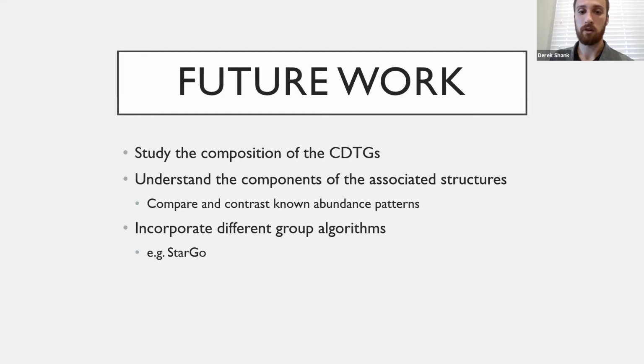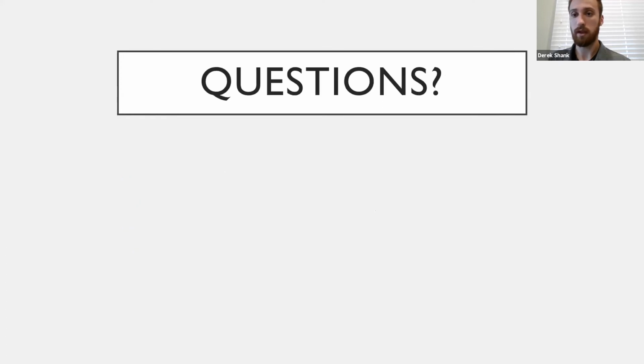And then we can also get the components and compare them with the substructure as well. So how the different energies and actions compare and stuff like that. And then we can also try different algorithms besides HDBSCAN, such as Stargo and others, possibly StreamFinder if our data set allows that as well. So yeah, that's my project.